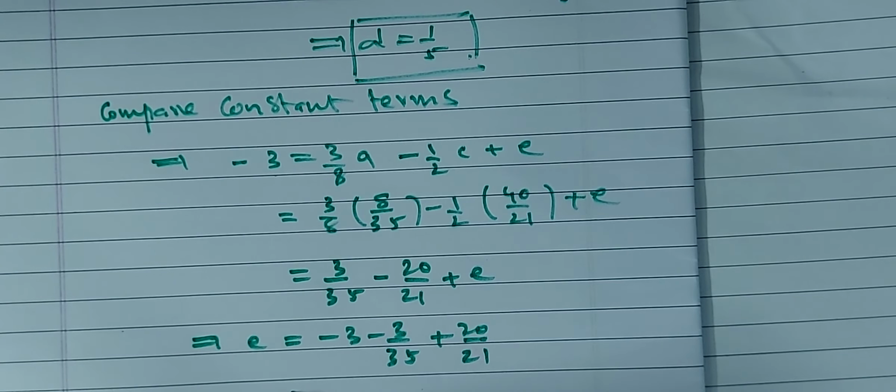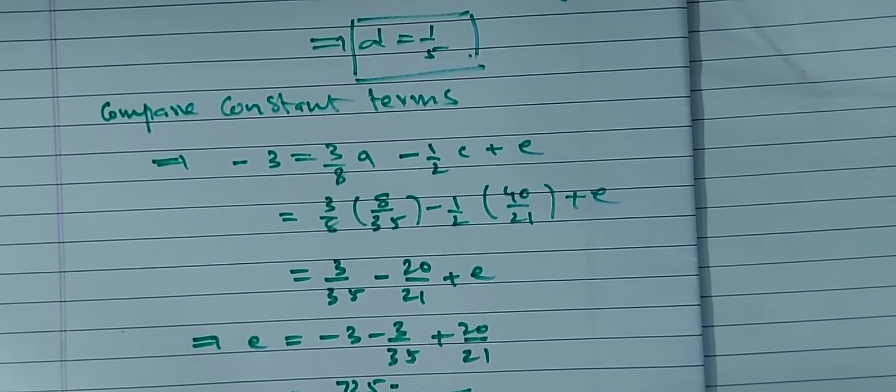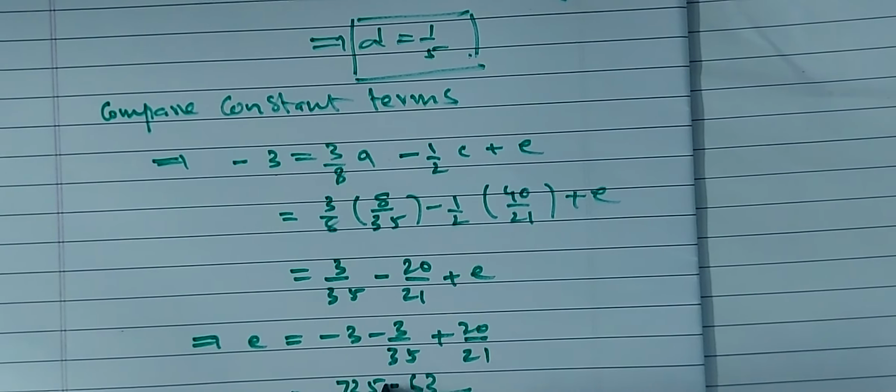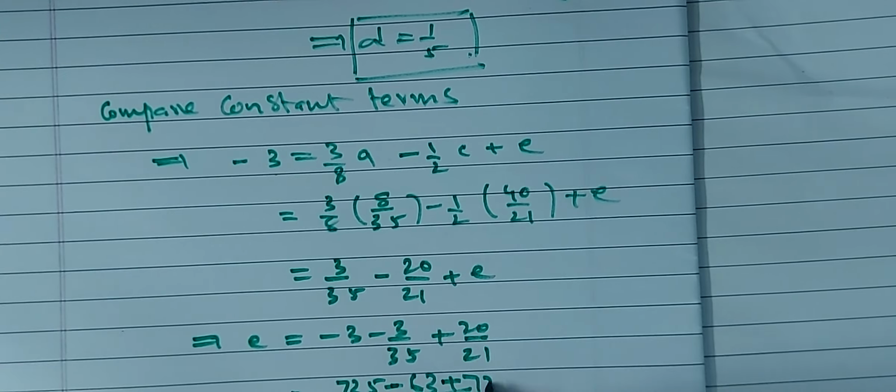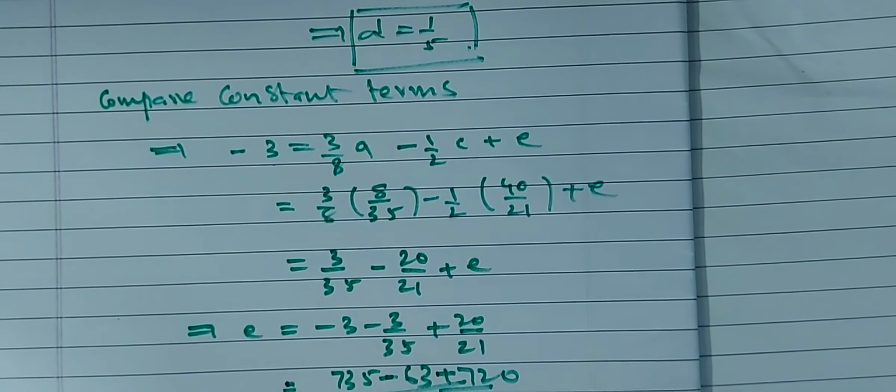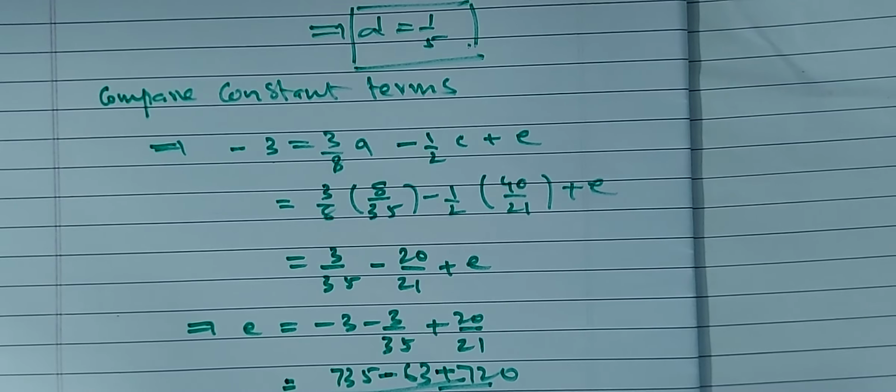The simplification: LCM is 35 into 21, 735, minus 63 plus 720.